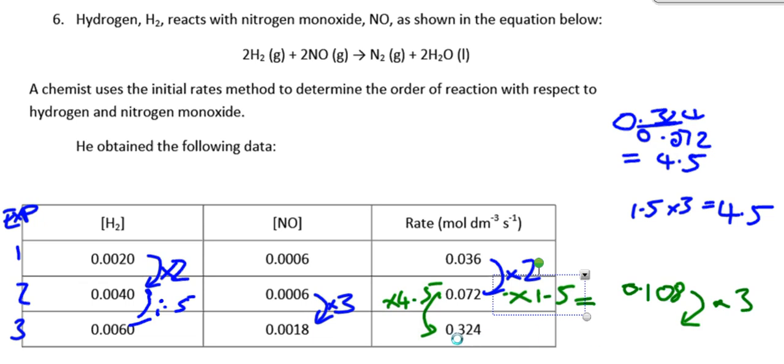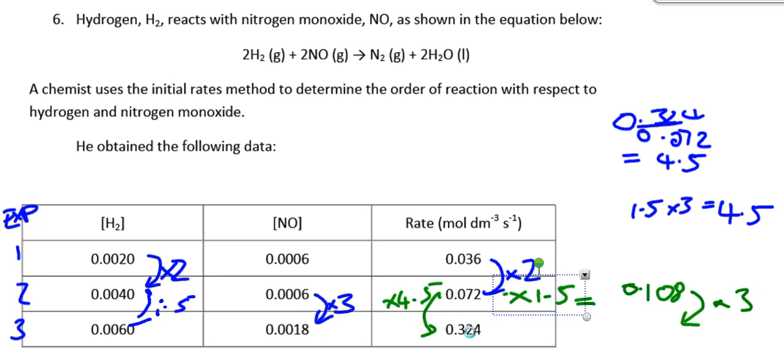Check it, 0.324 divided by 0.108, which means that the contribution of this also increases times by 3, and therefore we have, with respect to the concentration of NO, another first order reaction.